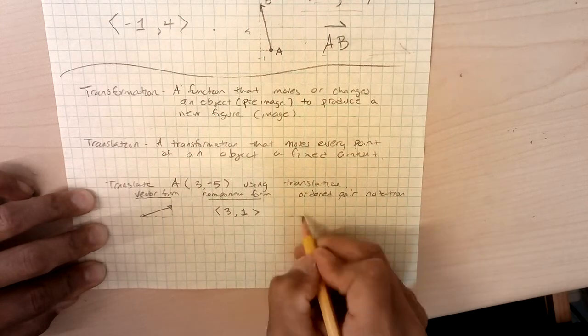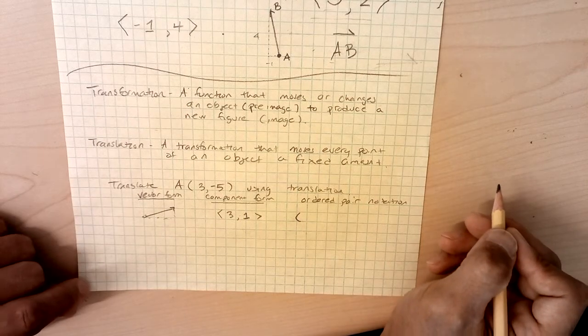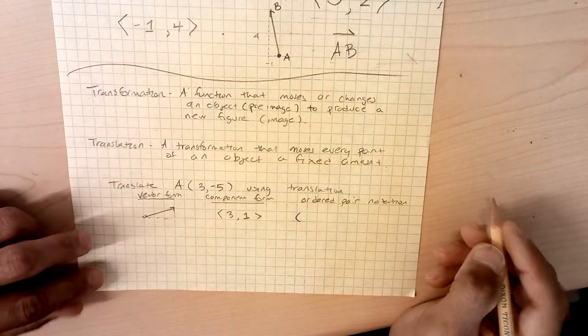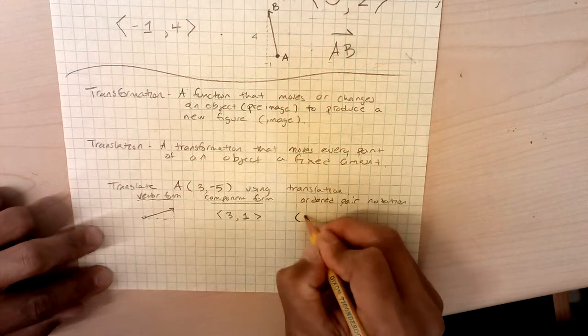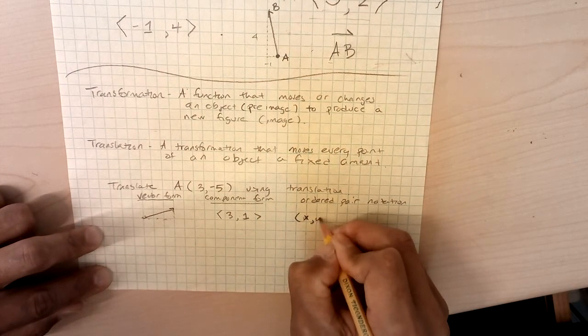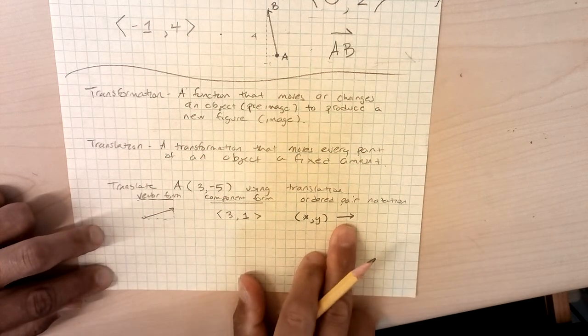So you start with a point, or it could also be, as I mentioned, a segment. It could also be a polygon, but this gives you a rule on how to move or translate every single point. You start with the pre-image, (x, y), and then there's some sort of transformation, in this case, a translation.